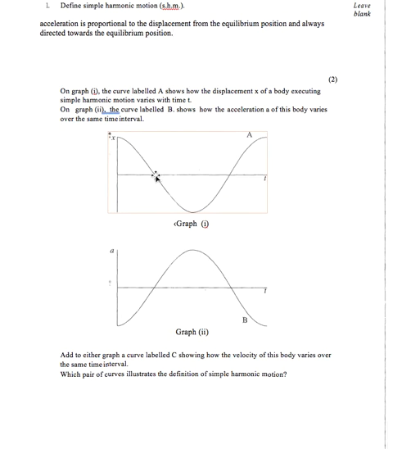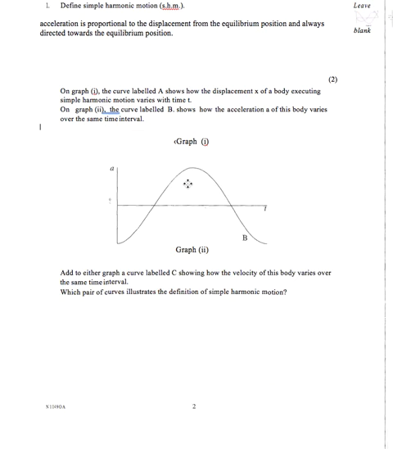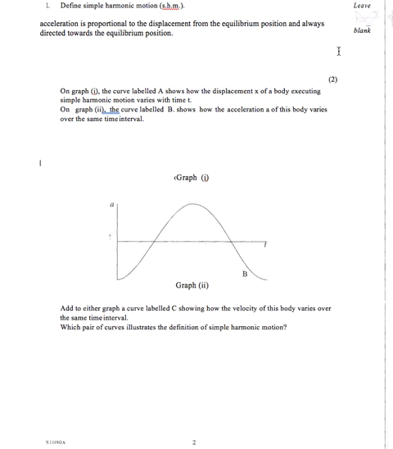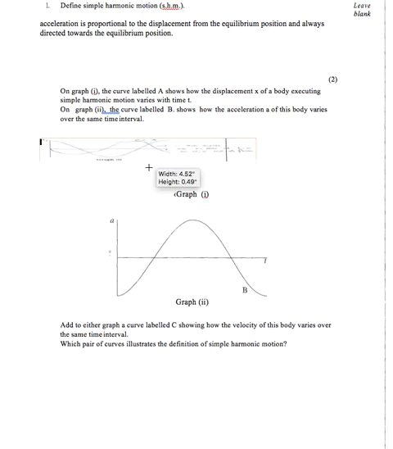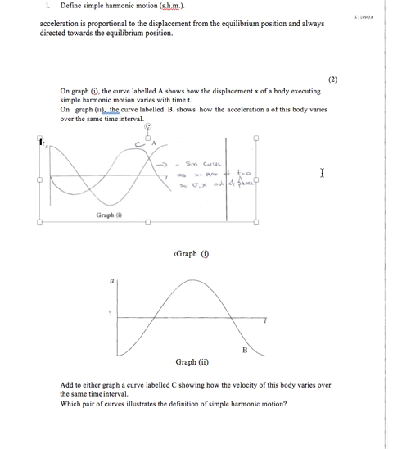As it goes through x equal to 0, we're going to have a maximum magnitude of velocity. When it goes through here, it'll be a maximum positive value, and so on. So what we have then is a curve that looks like this. It's a minus sine curve.